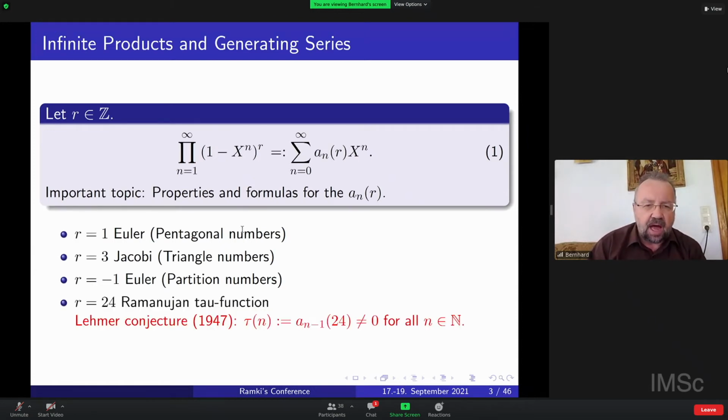And when r is equal to 24, we get the Ramanujan tau function with a shift, because I start at 0. The Lehmer conjecture, which predicts that all coefficients are non-zero, in this language would say that the (n-1)-th coefficient, when we plug in 24, is non-zero. So that's the main theme of the talk.